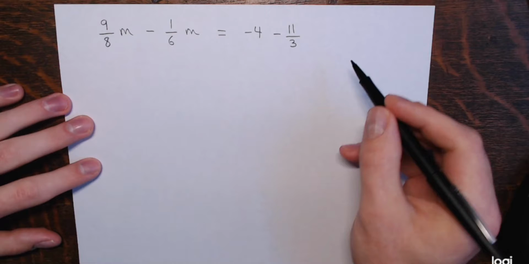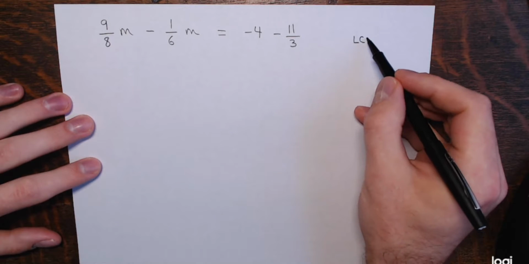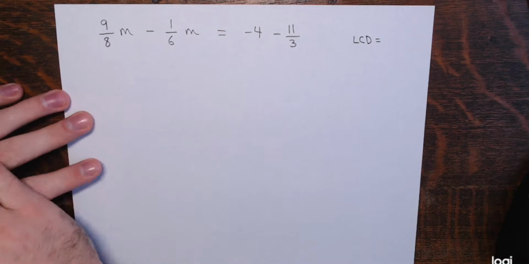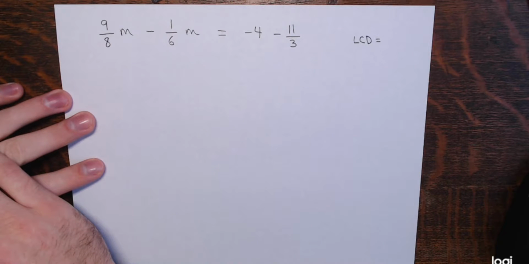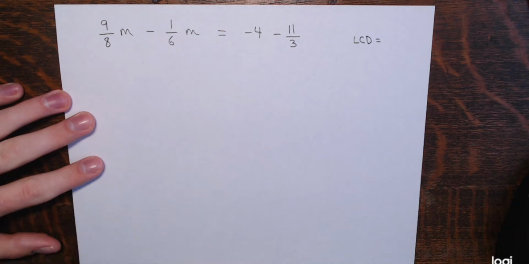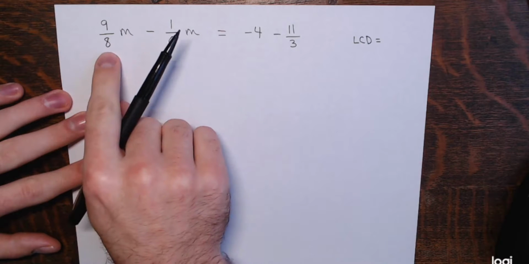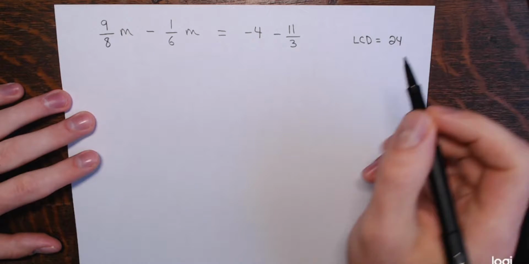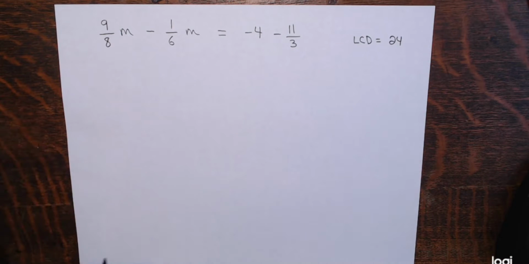Alright, so the LCD, the least common multiple of all these denominators, would be 24. Right, 24 is 8 times 3, 6 times 4, and 3 times 8. And that would be the smallest multiple of all these numbers.